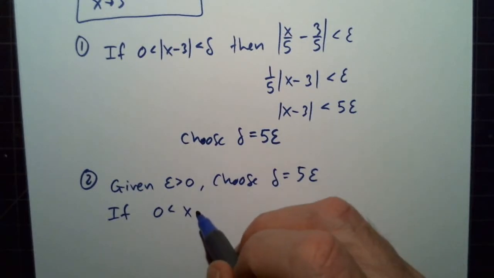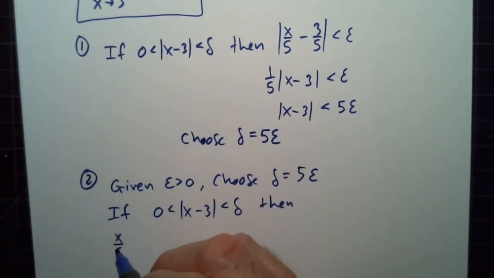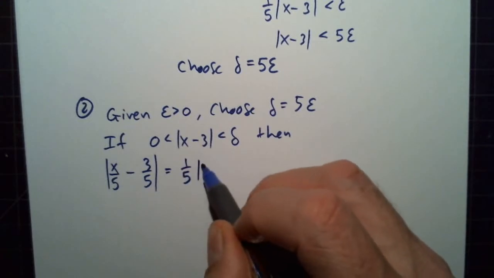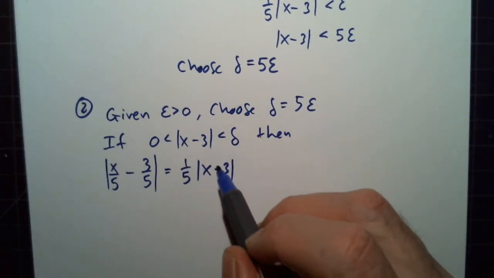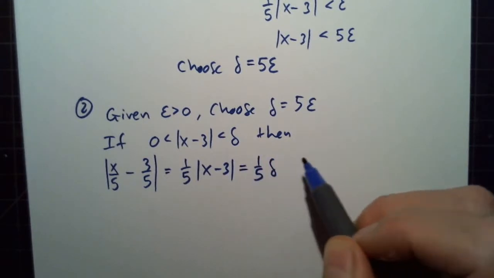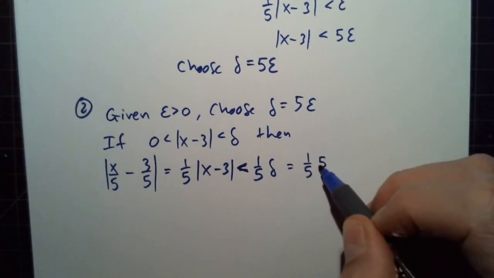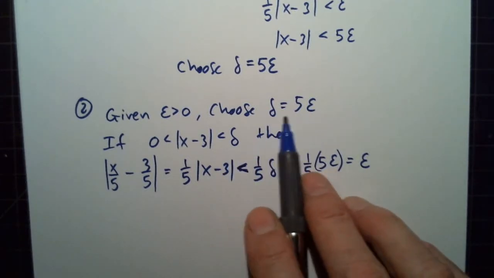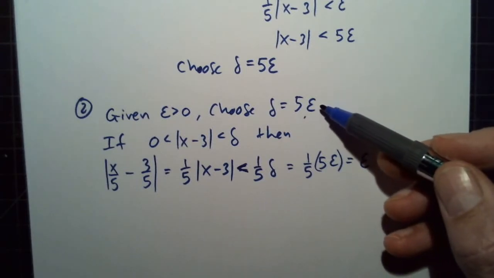If 0 < |x - 3| < delta, then |f(x) - L| equals 1/5 |x - 3|, and we know that |x - 3| is less than delta, so that means this is less than 1/5 delta, and then we can substitute for delta, and now we've shown that there is a delta that is small enough so that |f(x) - L| is less than epsilon every time we choose delta equal to 5 epsilon.